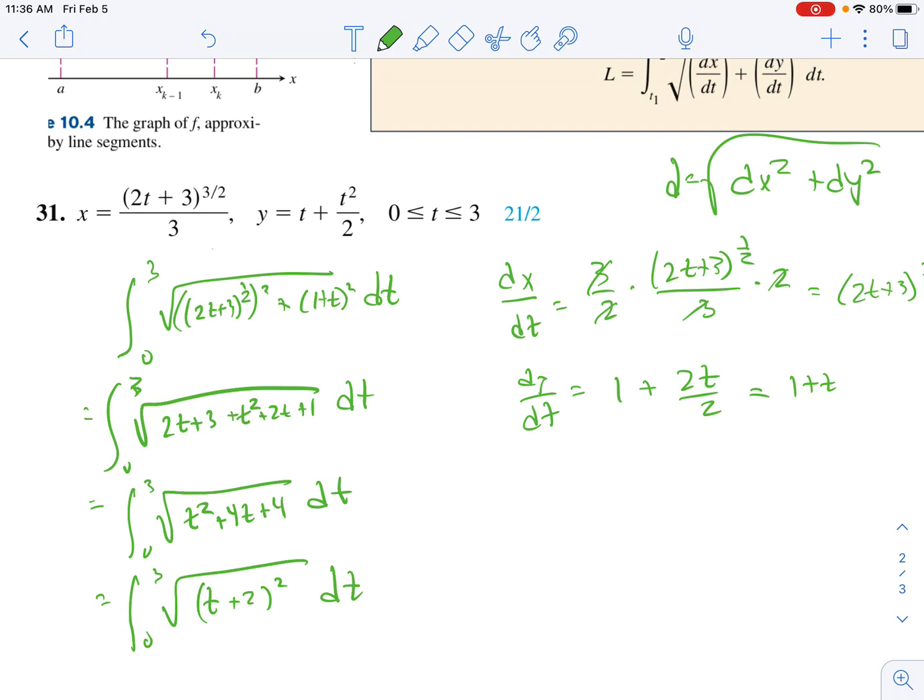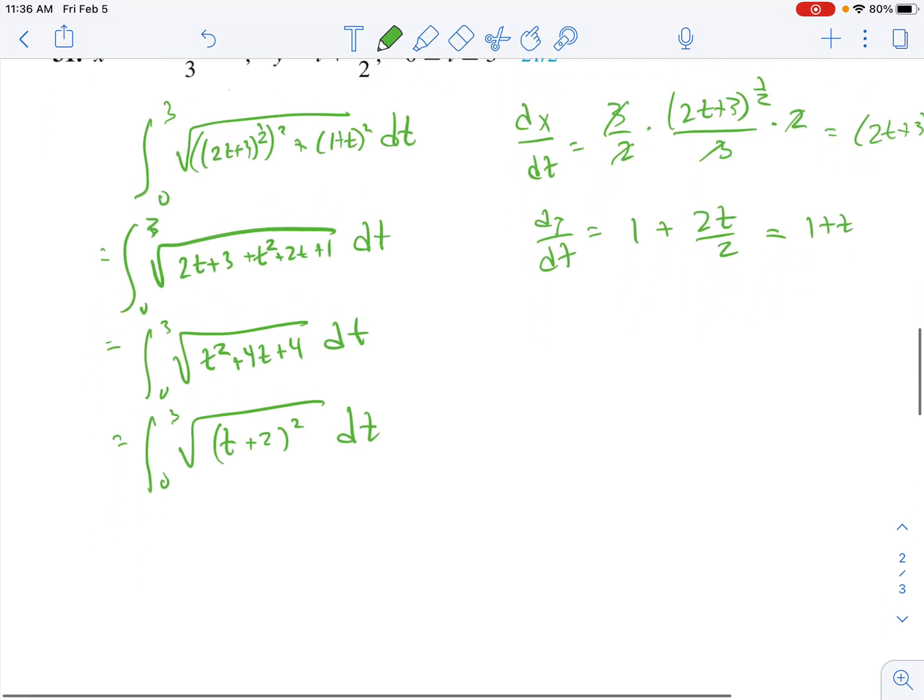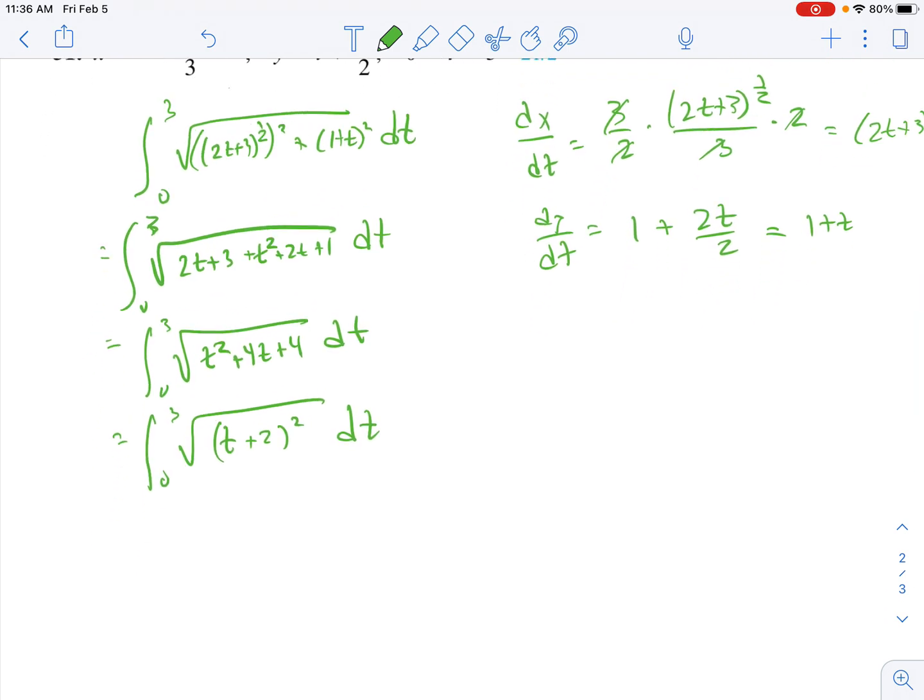And so you take the square root of that square, and since we're going from 0 to 3, it's just going to be t plus 2 dt, and we're going to get t squared over 2 plus 2t, evaluated from 0 to 3. And you can finish the problem there.